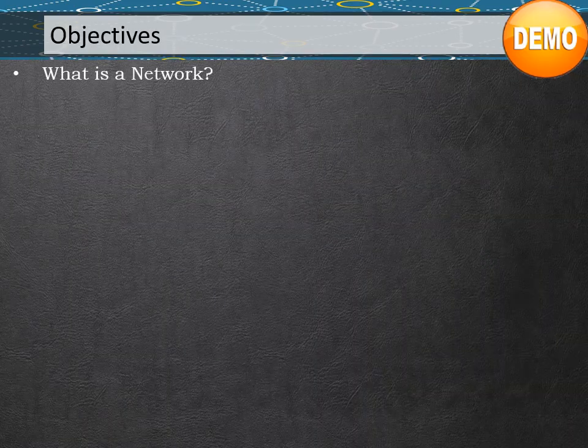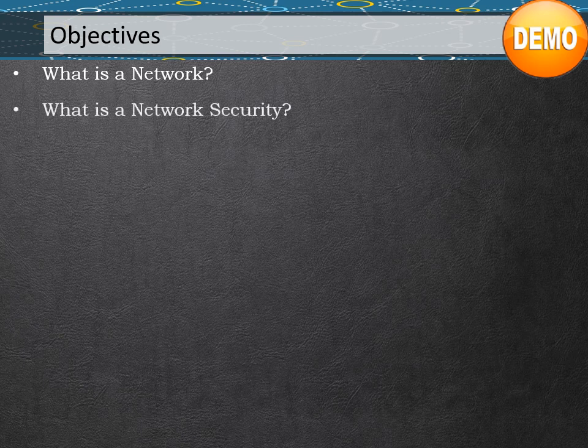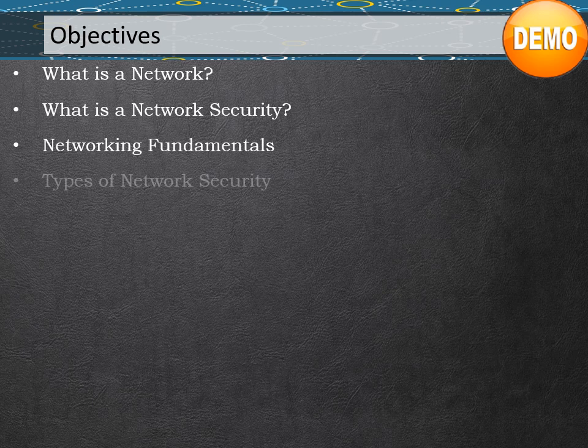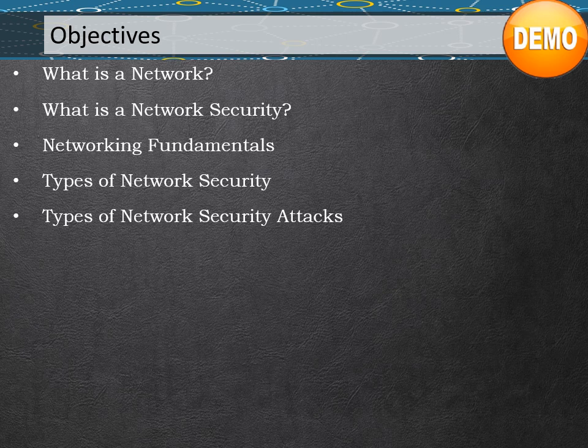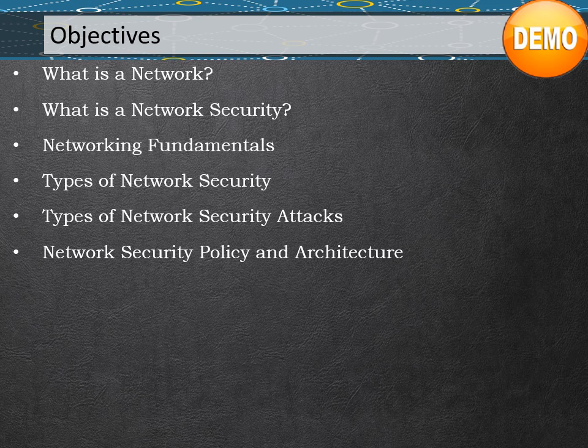Let's go through the course objectives and let's begin. What is a network? What is a network security? Next, networking fundamentals. Next, let's take a look at the types of network security. Next, types of network security attacks. Next, let's look at network security policy and architecture.